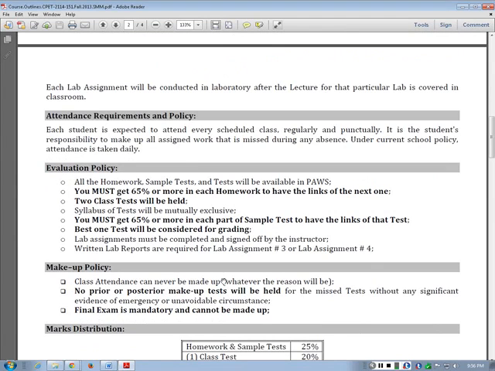It will be same questions with the different numbers, trust me. So if you get like 100% in the sample test, honestly, you will have a fair chance of getting at least 90%.